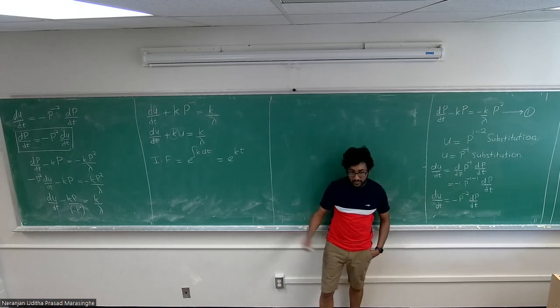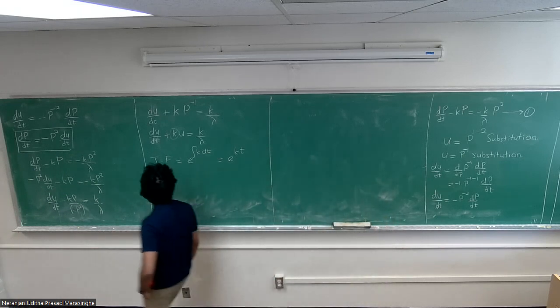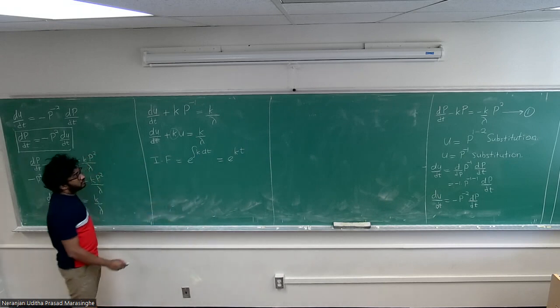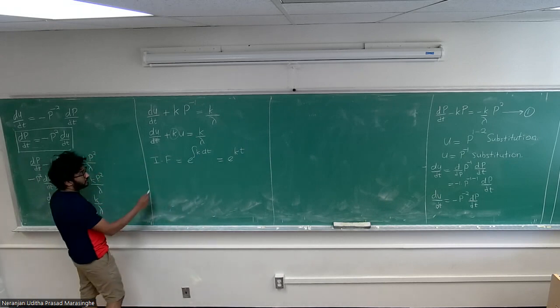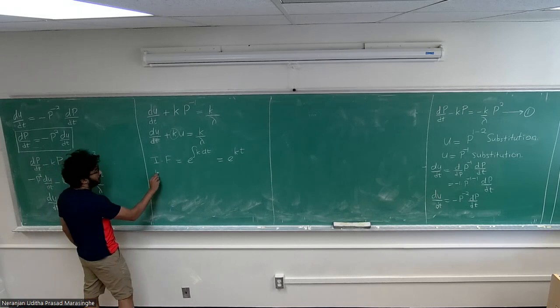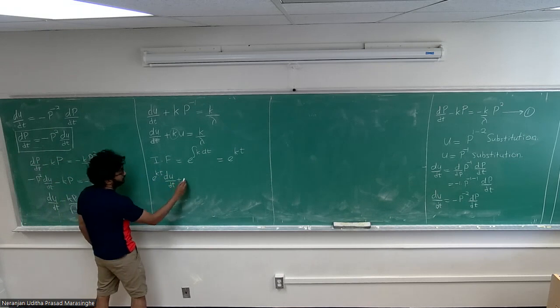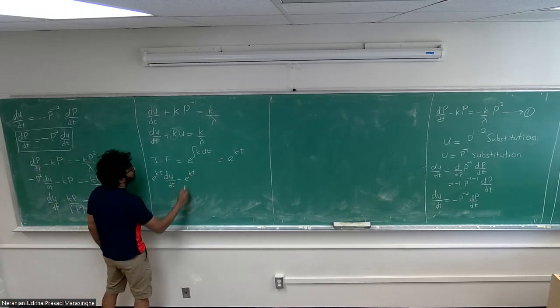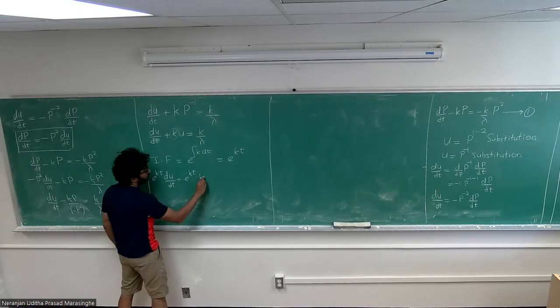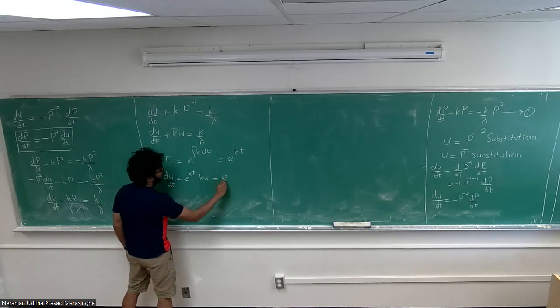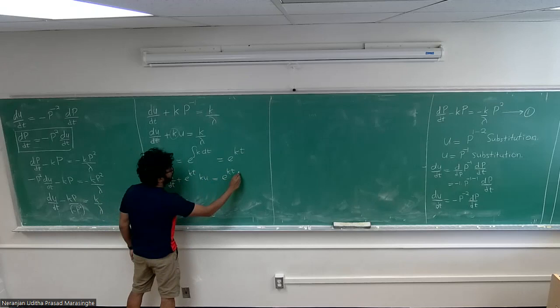Multiply both sides by that. So I multiply both sides by e to the power kt. So I have e to the power kt du over dt plus e to the power kt times ku equal to e to the power kt times k divided by lambda. Okay.